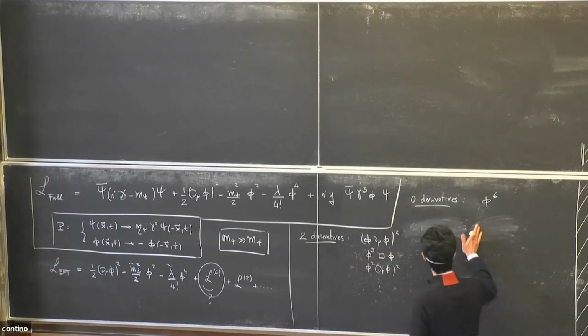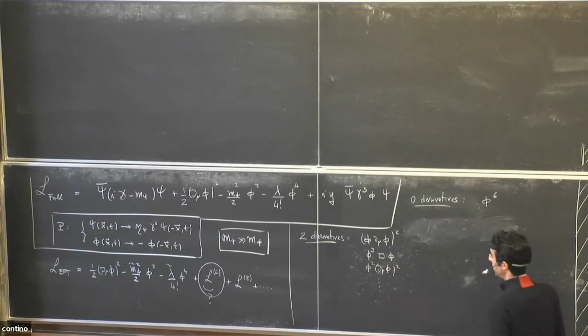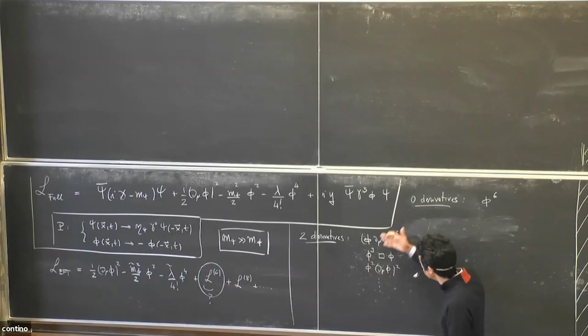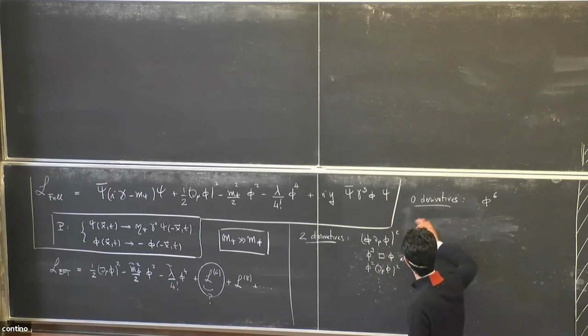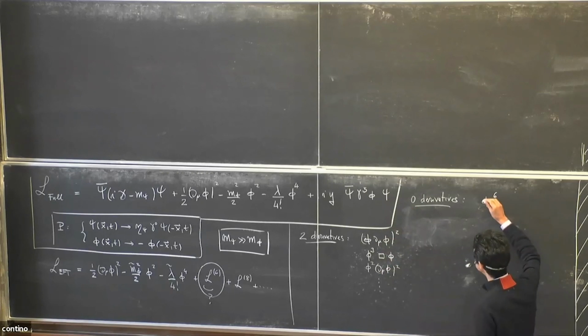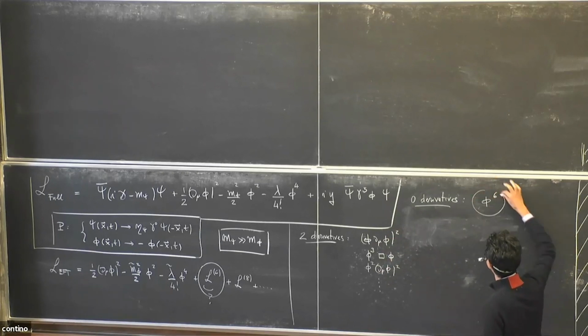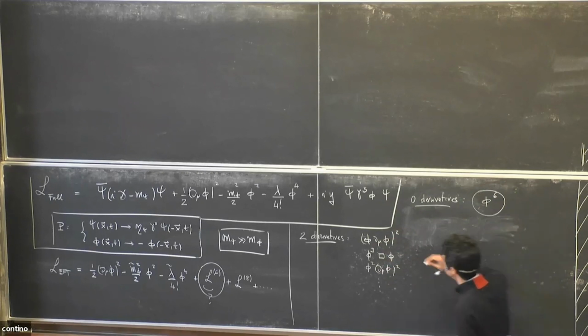Okay. Now, what I can use at this point are the equations of motion, which can help me to reduce the number of operators. And the result of this simplification is that the only 2 necessary operators, those which are not redundant, are phi to the 6th and one of these operators.